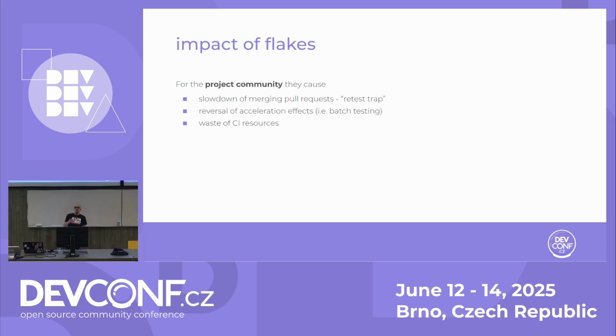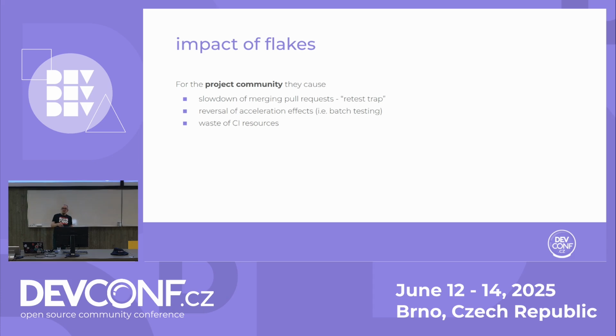From a community perspective, they also cause issues because we have limited resources in CI. So we need to make the most of the CI resources that we can, and any run that contains a flake is wasted time. It doesn't help us.